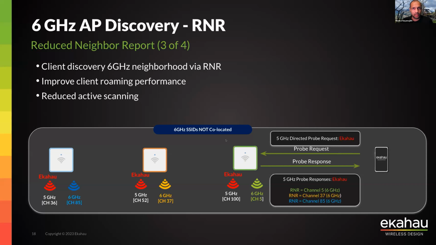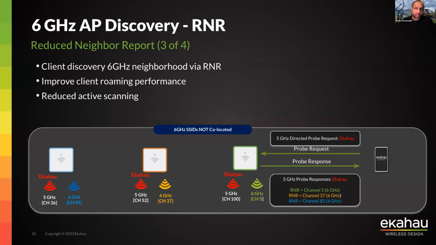The concept is the same. You probe on the 5 GHz, but when the probe responses come, they include all neighbor APs which support a 6 GHz SSID with the channel numbers, and in that way the client can discover the neighborhood as well.